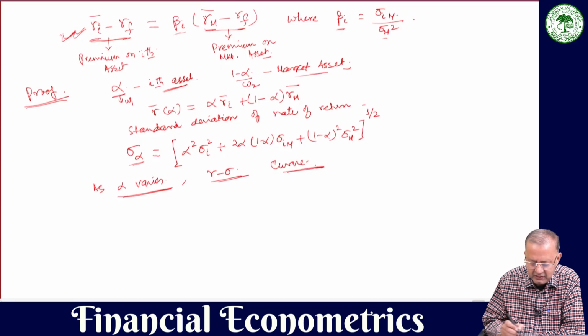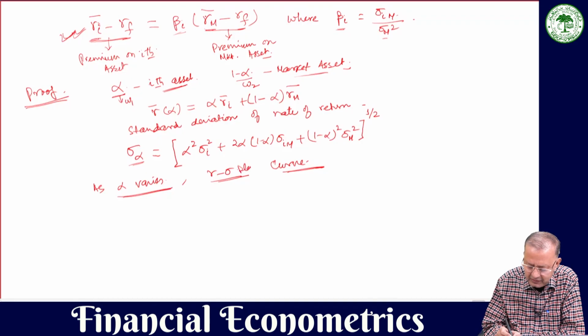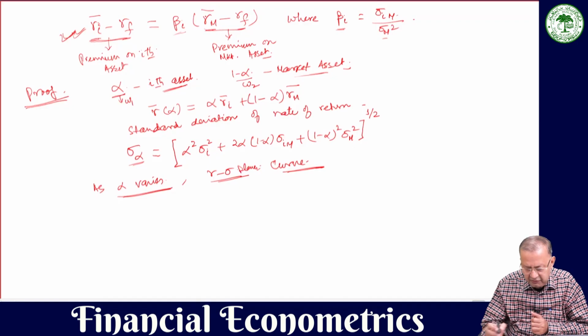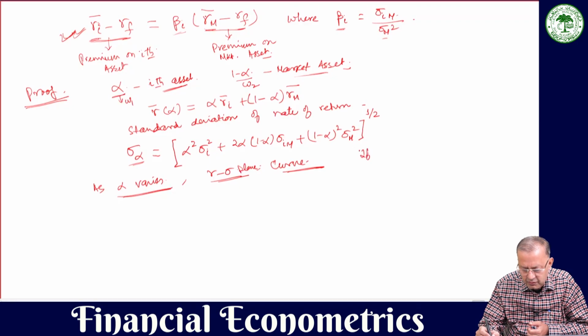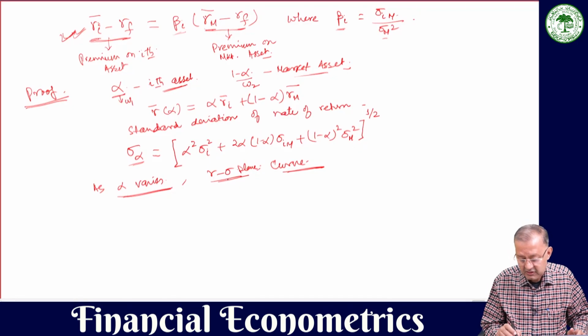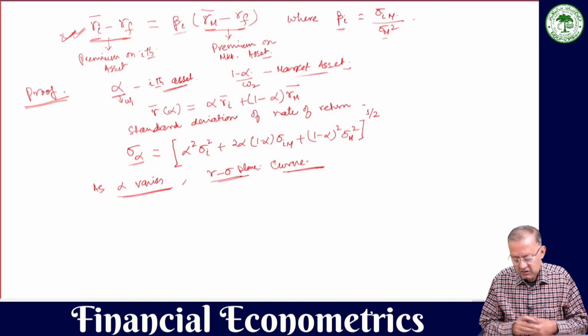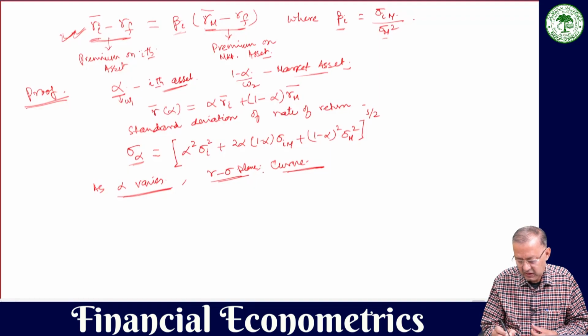This will be a curve in the r sigma plane. Clear? So as alpha varies, we can have a curve in the r sigma plane.